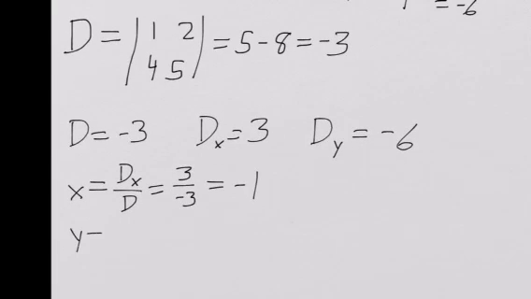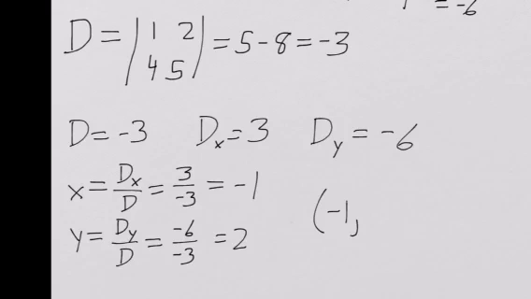And y is going to equal D sub y over D, which is negative 6 over negative 3, or 2. So I write the solution to our system of equations as negative 1, 2.